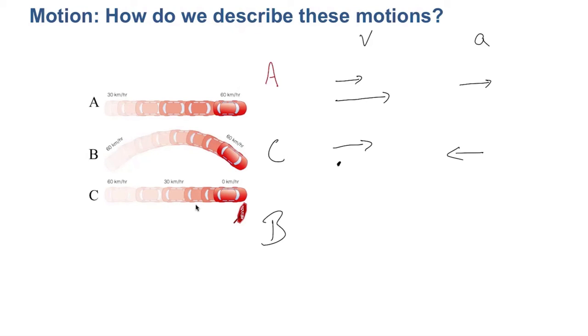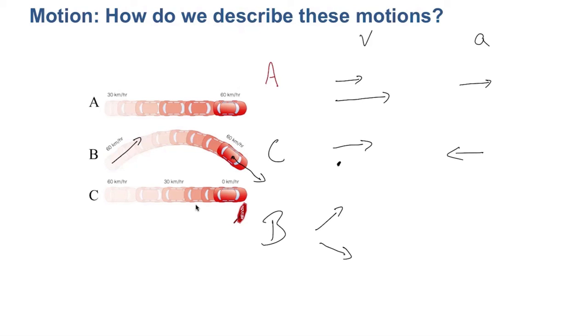The answer is yes. Our velocity is changing because the direction is changing, and velocity is both the speed and the direction. So if we had a velocity at the beginning of this arc, it would be in this direction. And if we have velocity at the end of this arc, it's going to be in this direction. So again, our velocity at the beginning is like this, and our velocity at the end is like this.